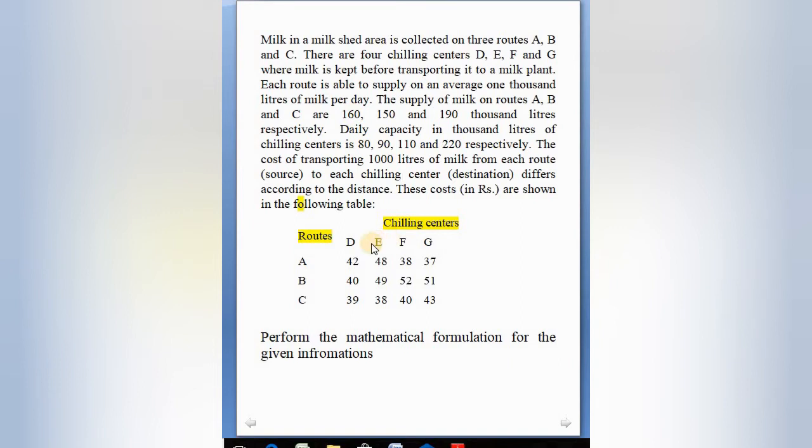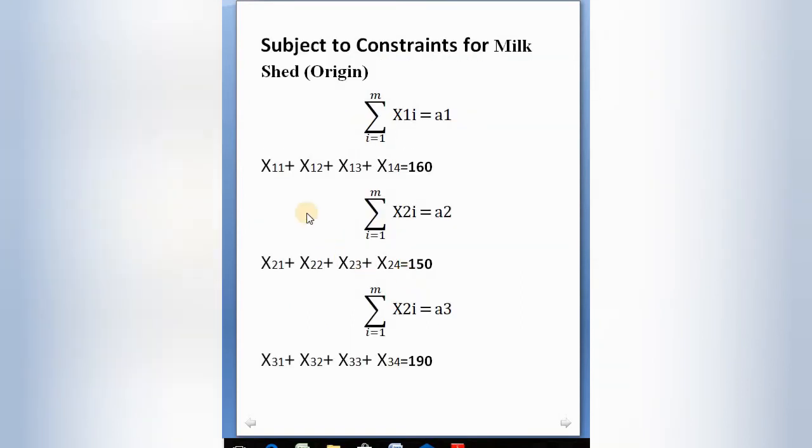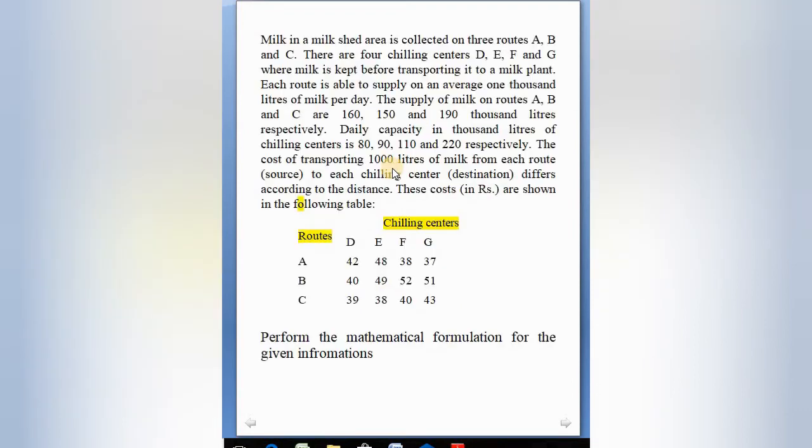Thus, for route A, we can formulate the constraint like this: x11, x12, x13, x14 equal to 160.